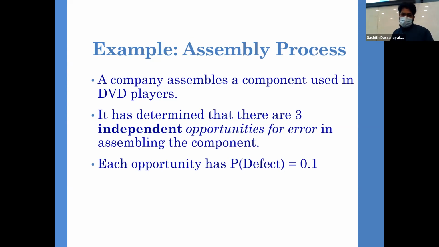Or rather, for an error in assembling the component, any component. We have 3 chances to check that. So for each opportunity, the probability of having a defect is 0.1. It's a constant for trial number 1, trial number 2, or trial number 3. Clear? Okay.